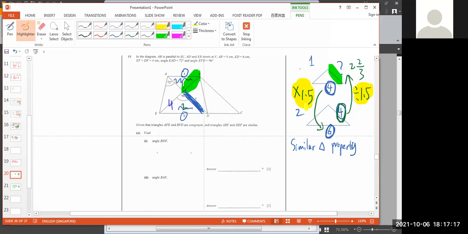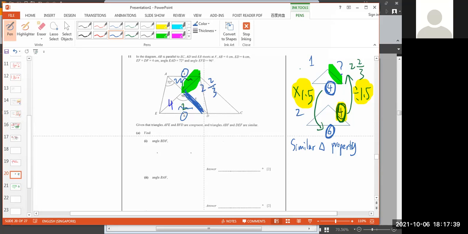So the factor is actually 1.5. So now they give you the big one. So they ask you to find the small one. So you need to scale down by the same factor. Okay. Yeah. So that's the answer. For EF is 2 and 2 over 3.